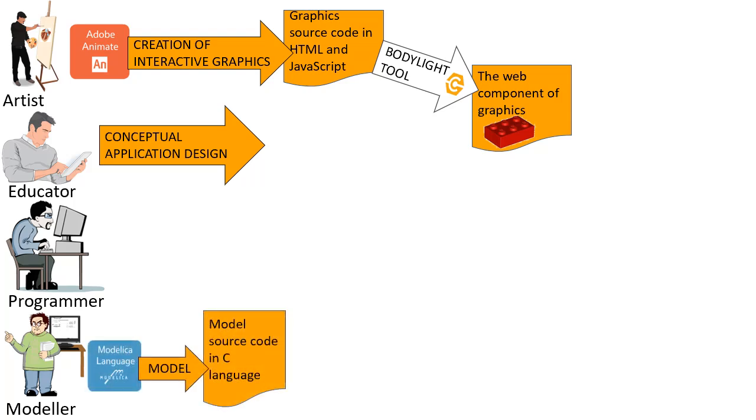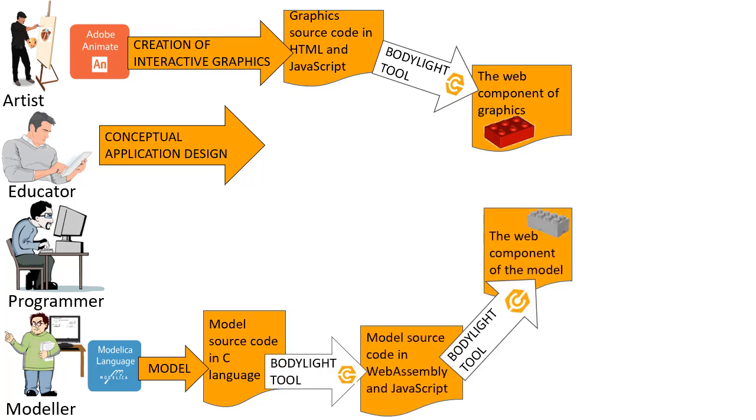The modeler creates a mathematical model in the Modelica language. The Modelica compiler generates C source code according to the FMI standard as functional mock-up units. Using our BodyLight tools, we recompile the model's source code into WebAssembly and JavaScript, and then into the model web component.